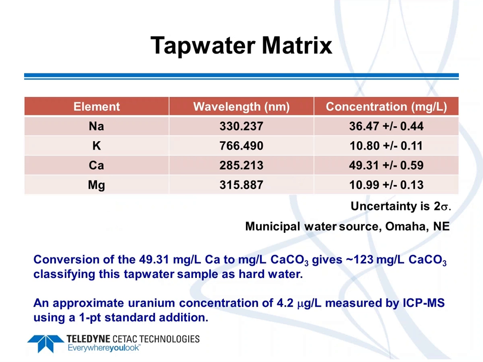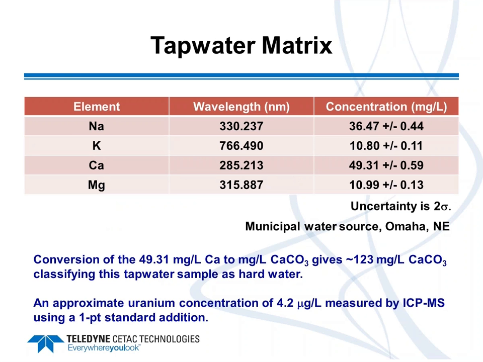First, as a comparison, we did run a tap water matrix, and this was from a municipal water source here at the CETAC factory in Omaha, Nebraska. And we ran this on the same ICP emission instrument using the standard nebulizer and spray chamber to see what the concentrations were of some of the majors, that being sodium, potassium, calcium, and magnesium.